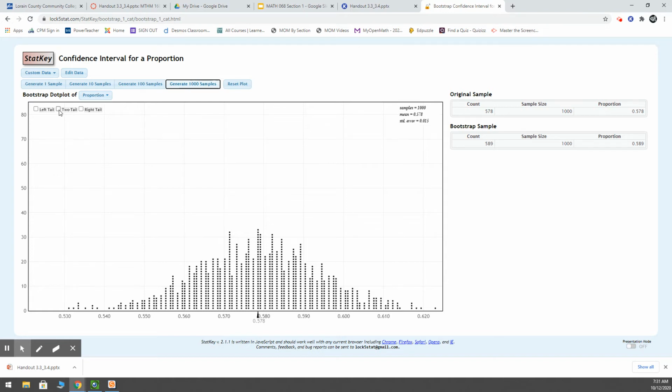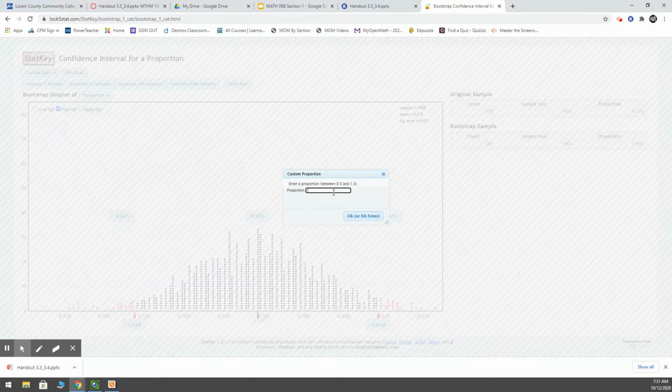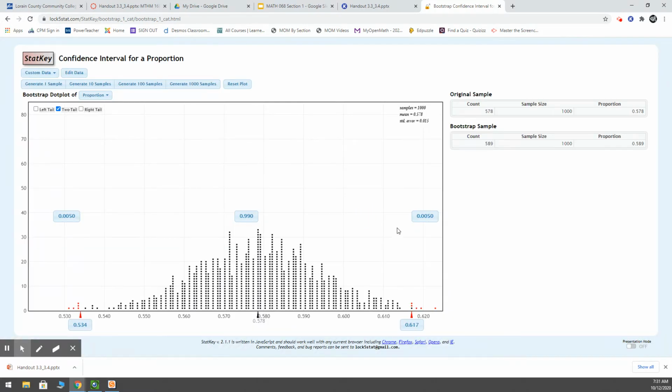And I'm going to run a two-tail. When I change to two-tail, I'm going to change the middle value to 99%, 0.99, because I'm using technology to do all of this. And I can see down here at the bottom are my confidence interval levels, 0.534, 0.617.